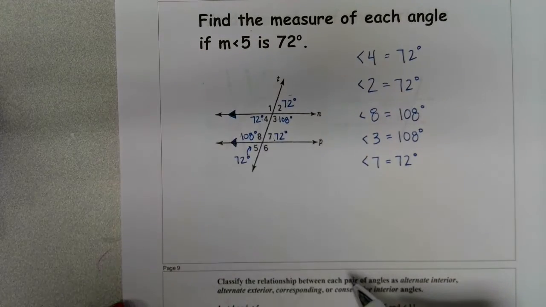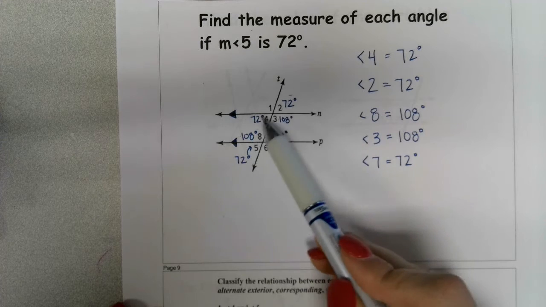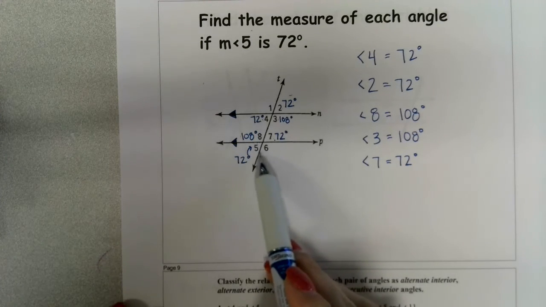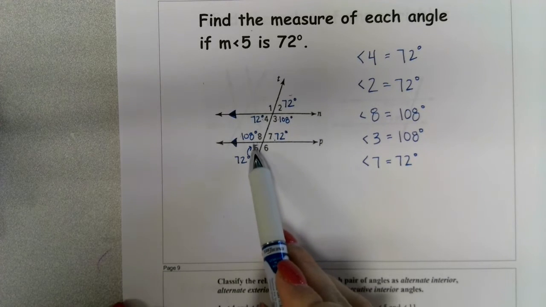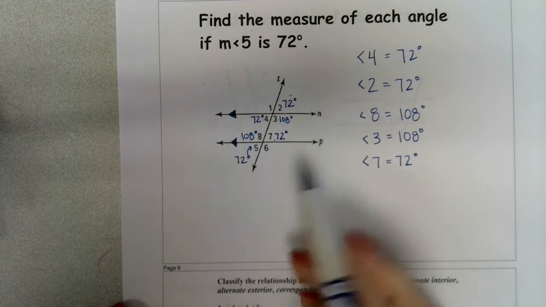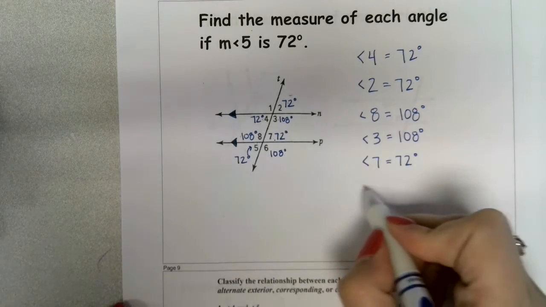Okay? We also can use linear pairs for these. I showed you guys how you know that you've got vertical angles. You also can use linear pairs to figure out what these angles are going to be. If you know that this is 72, angle 6 is a linear pair to angle 5. If this is 72, I know that this has to add up to 180. So this would be my 108 degrees again.